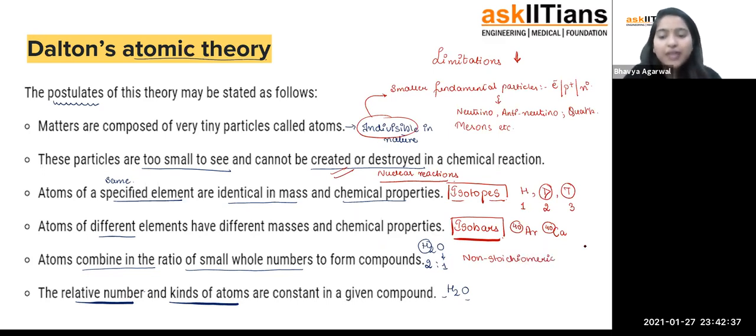Now what happens in these? These are a very different class of compounds which you will be studying in grade 12. But I will give you a hint of how these compounds look. See this.